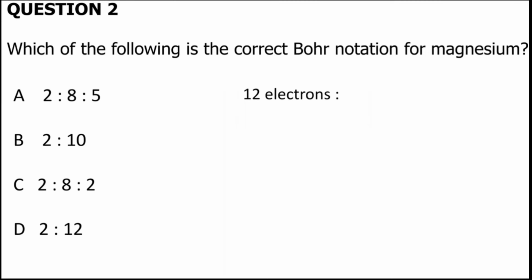So 12 electrons, 2, 8, and 2. Which of my options will be correct there? That is the correct answer, C. So C is the correct answer for this one, because I can see it is the correct Bohr notation for magnesium, which has 12 electrons.